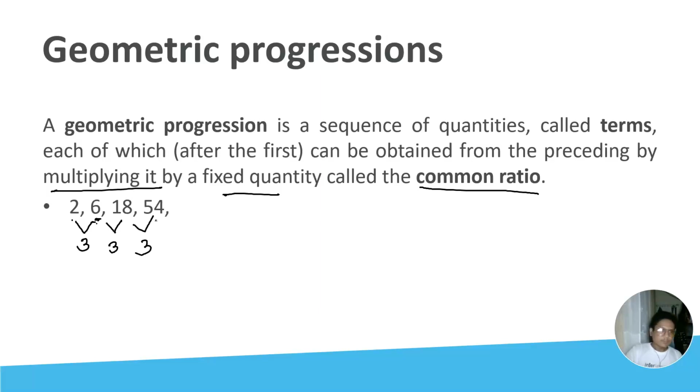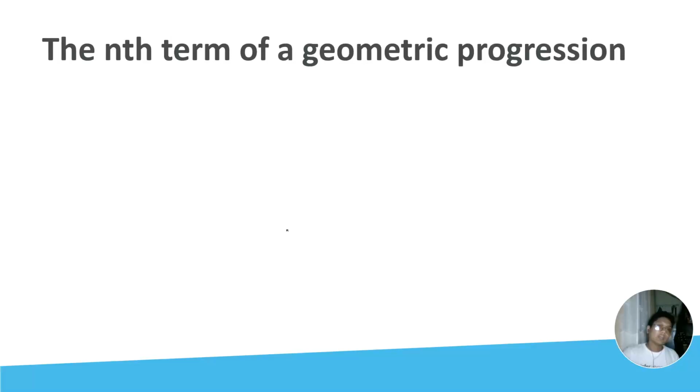Kaya, kung ipahahanap na yung nth term of a geometric progression, we can simply use the formula a sub n equals a sub 1, or the first term, times the common ratio raised to n minus 1, where n is kung pang ilang term siya. So, i-subtract lang natin siya sa 1 at i-raise natin dun sa common ratio.